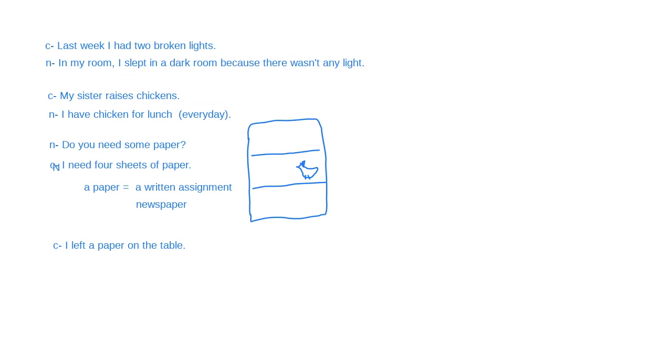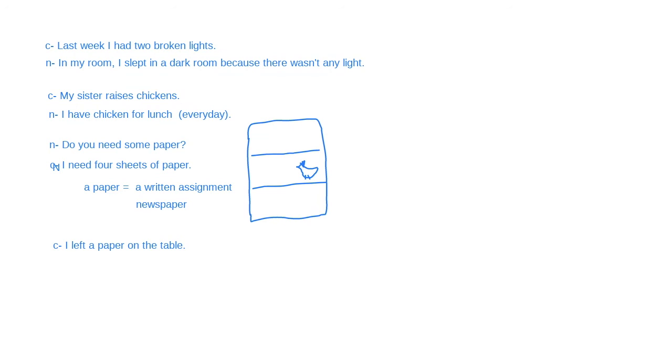Yes, you can say that, but what it means is a written assignment or a newspaper. I left a paper. It does not mean a piece of paper like this, for example. We won't say I left a paper on the table.